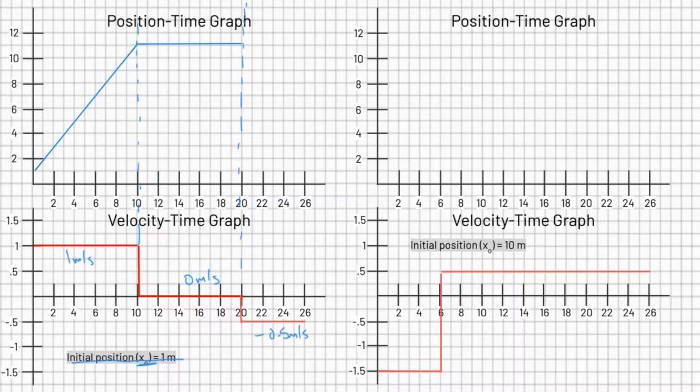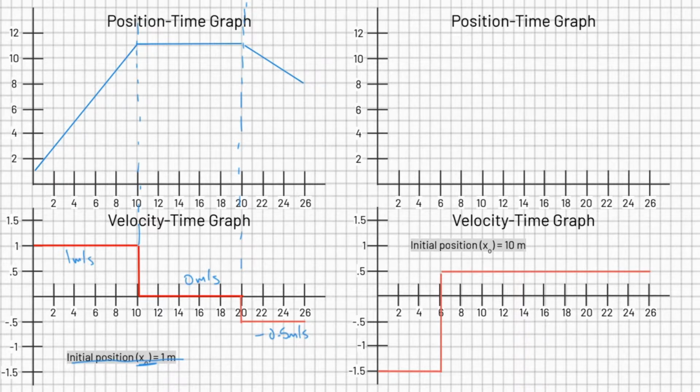And then we have a negative 0.5 meter per second slope. So we're going to start here at 11 on the y-axis, and we're going to go down to 8 and end at 26.